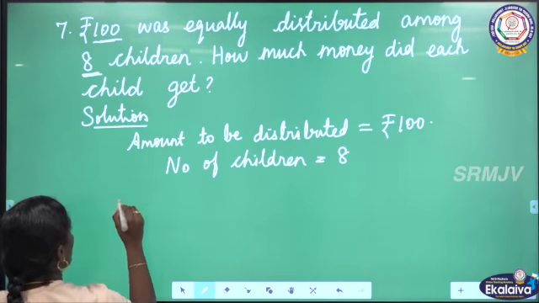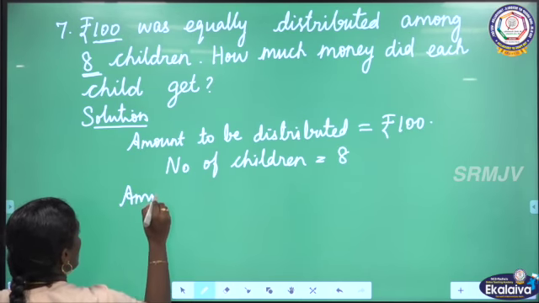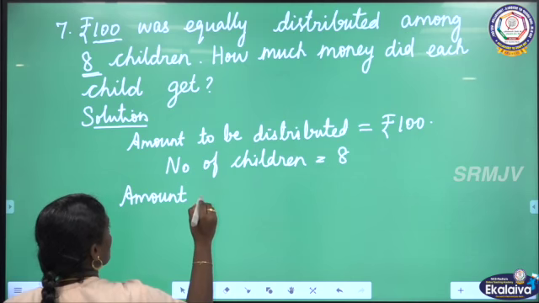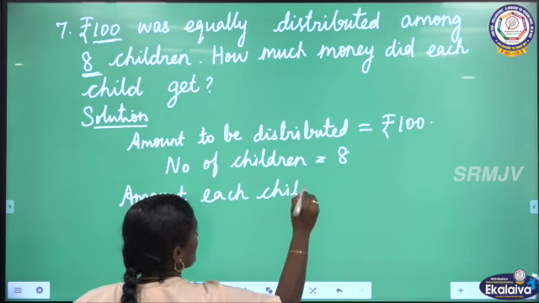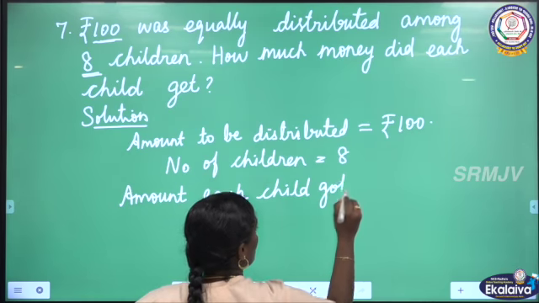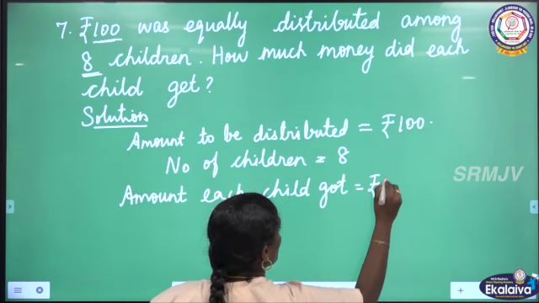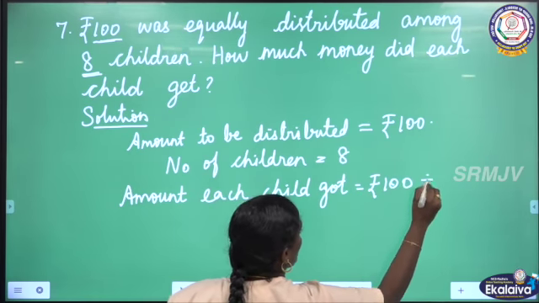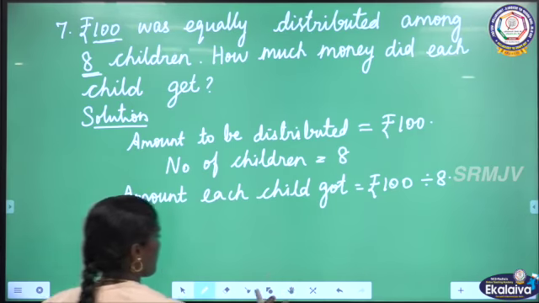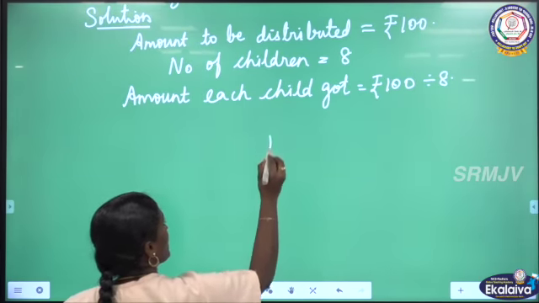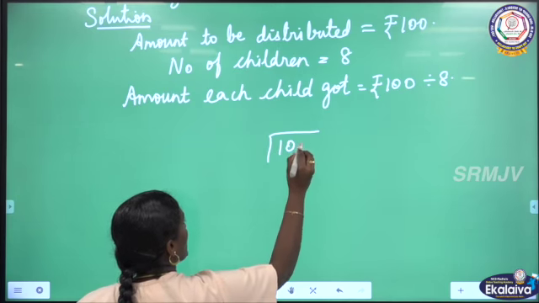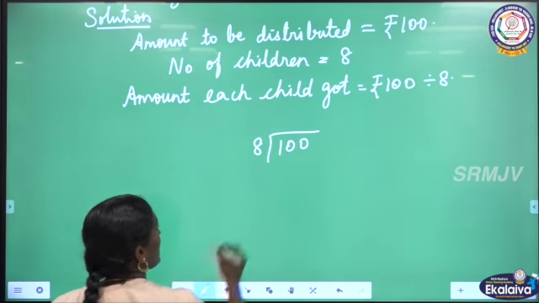Now we are going to find amount each child got, is equal to rupees 100 divided by 8. Now we are going to do the division. The dividend is 100, the divisor is 8.